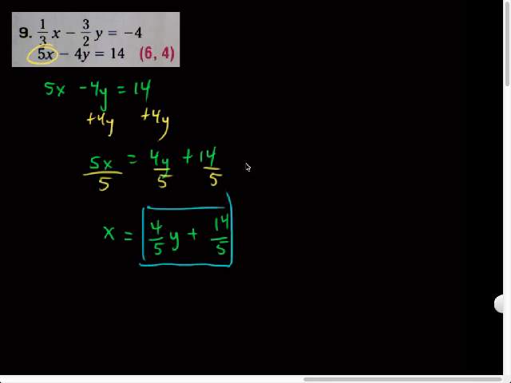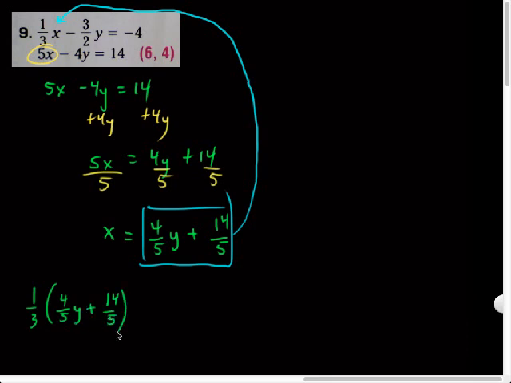So where do I plug this? In the other equation for x, right? So not in the equation I just solved. Never can do that. So I've got 1/3, and instead of x, I'll have 4/5 y plus 14/5 minus 3/2 y equals -4.